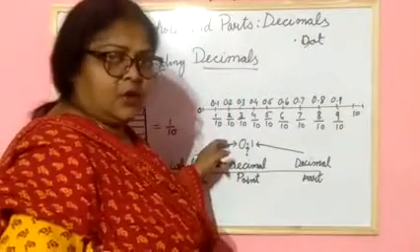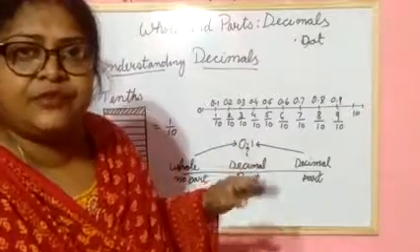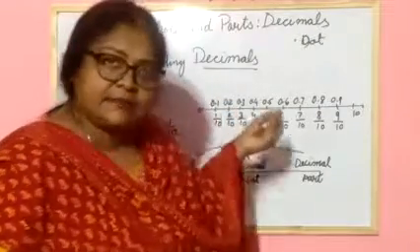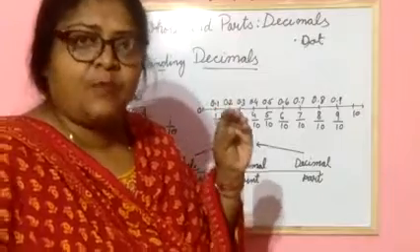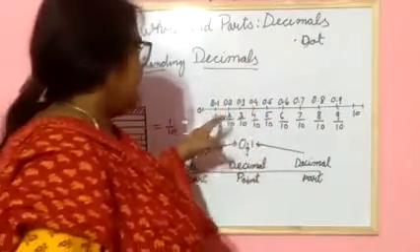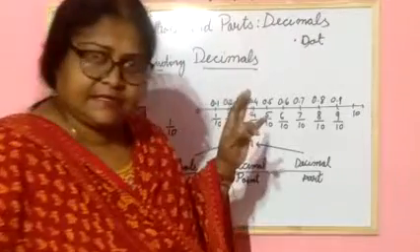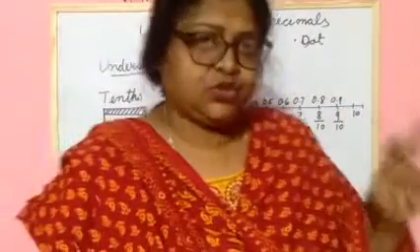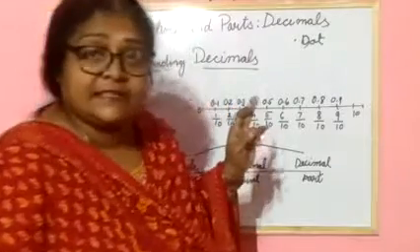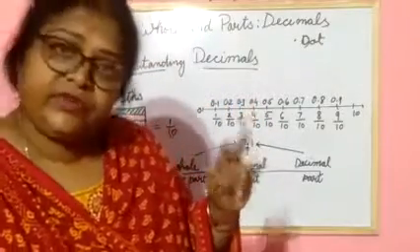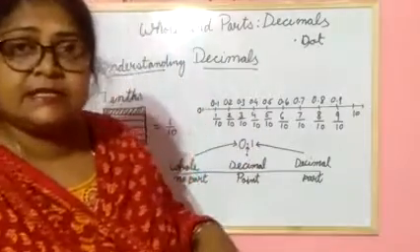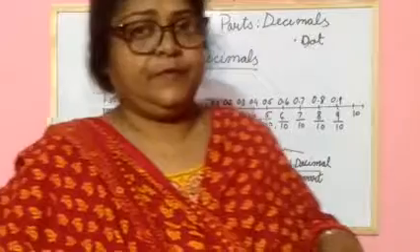Now this one, 1 by 10, you have to represent in decimal. How will you represent that in decimal? You have to write 0.1. If it is 2 by 10, how will you represent it? 0.2. Understood? If it is 3 by 10, how will you represent it in decimal? 0.3. If it is 4 by 10? 0.4. Okay?